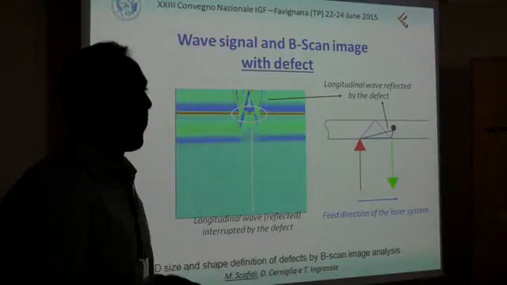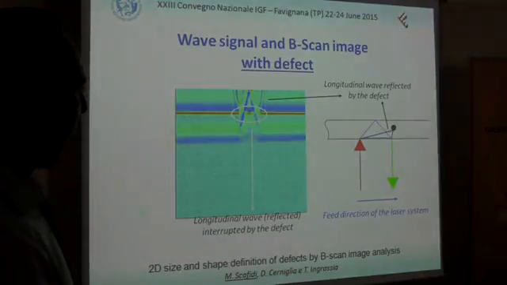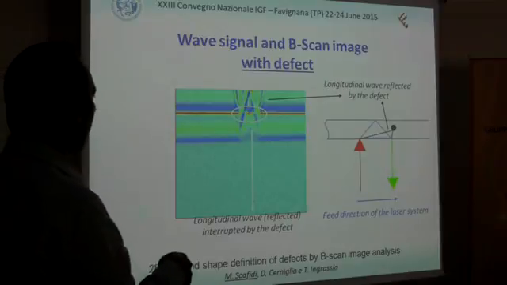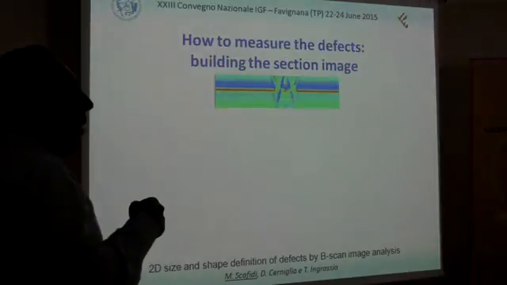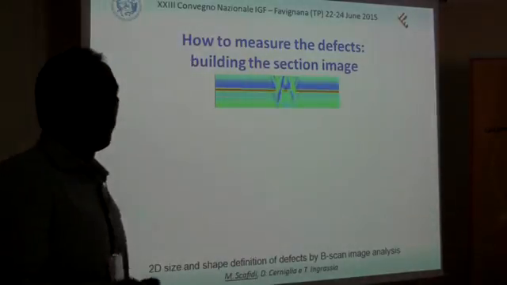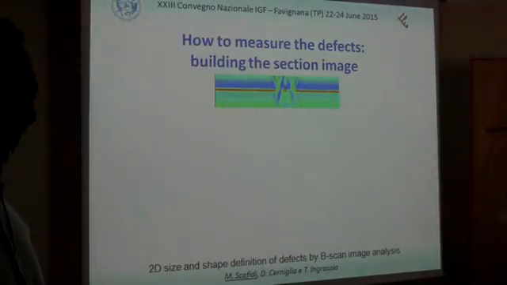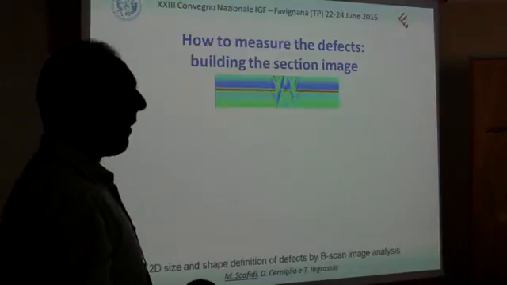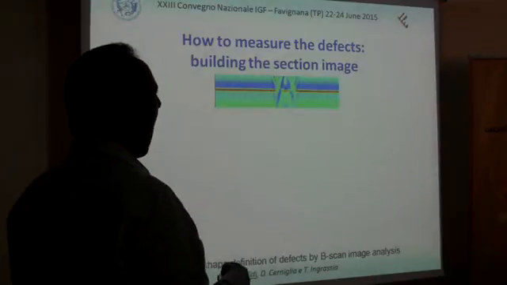And then we have two effects of the defect on the map. We use the second one, the interruption of the wave, to measure the size, the position, and the depth of the defect. How do we do it?